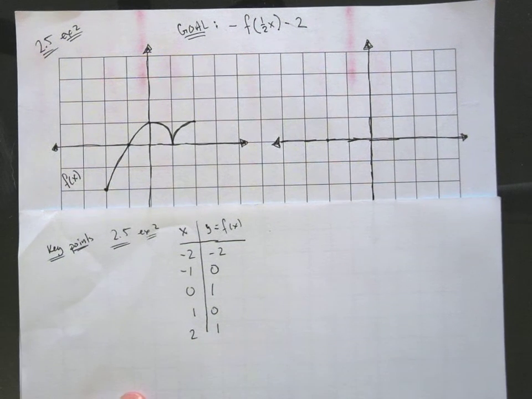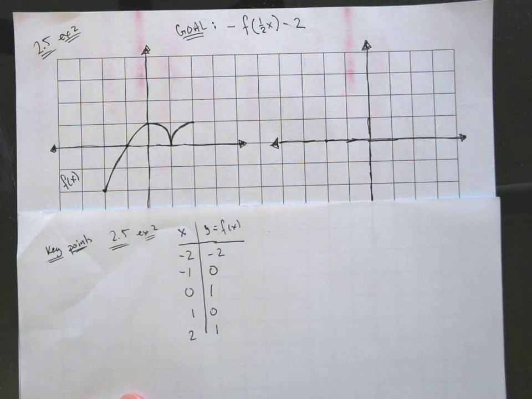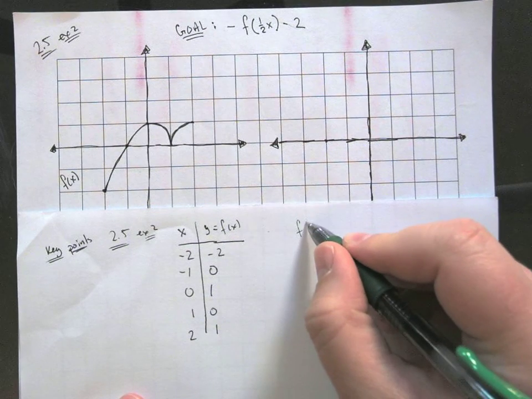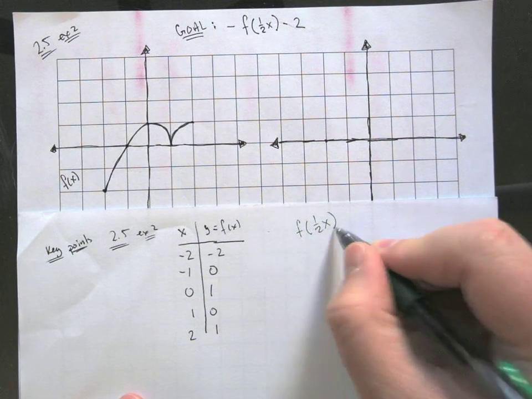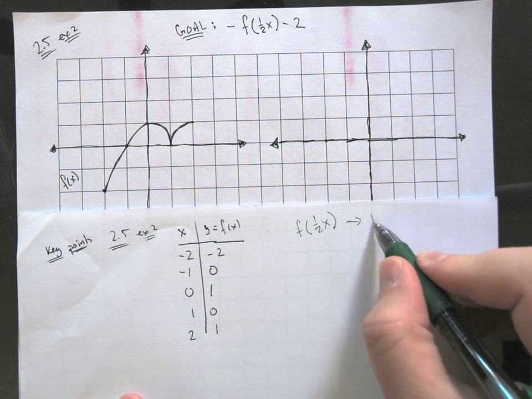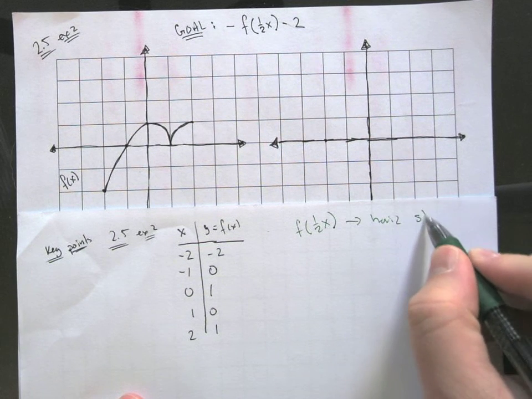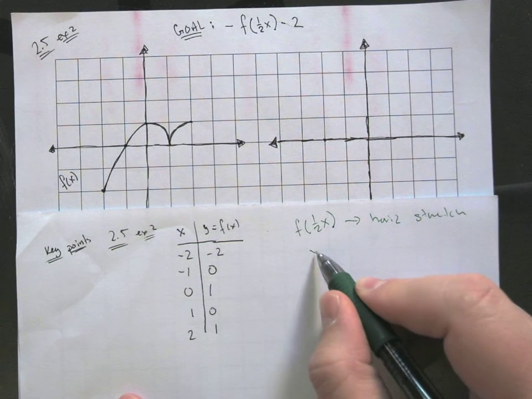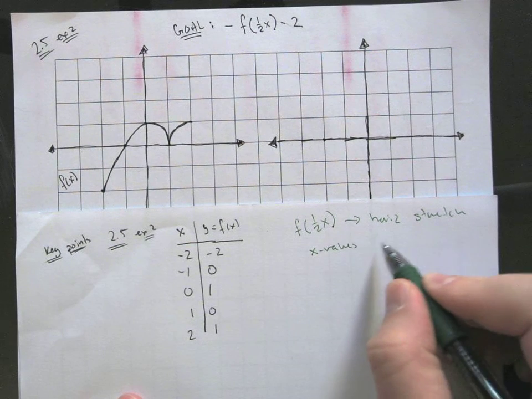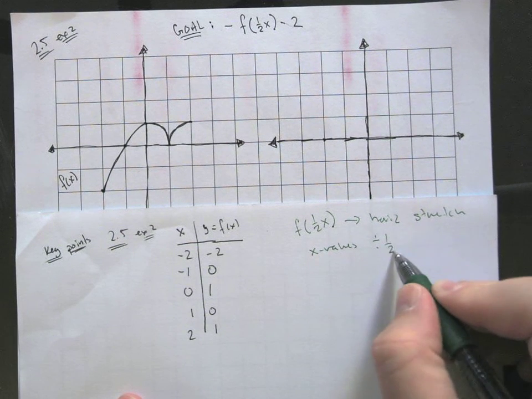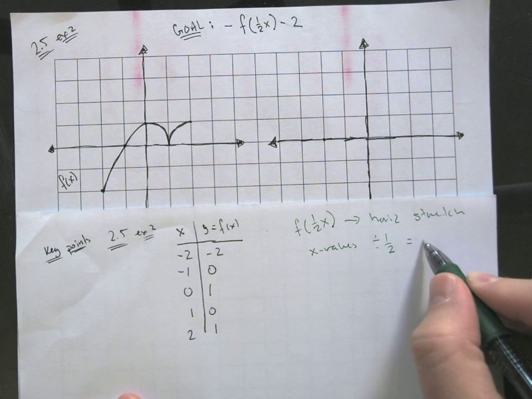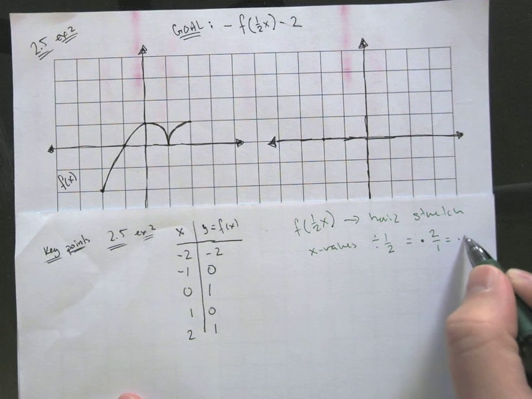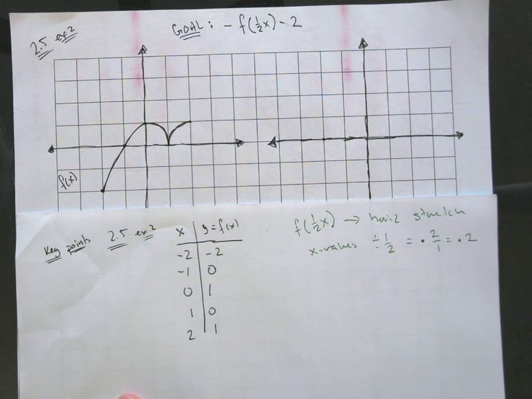So let's do this in stages. I'll color code this as per usual. So let's do f of 1/2 x. So this is a horizontal stretch. What happens here is x values get divided by 1/2. Dividing by 1/2 is the same thing as multiplying by 2/1, which is multiplying by 2.